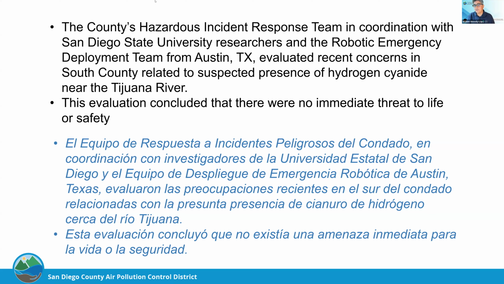As you all are out there doing research moving forward, what is the plan and process to get the hazardous response team out there as soon as possible if levels are high, so we can share that information with the community as quickly as possible?